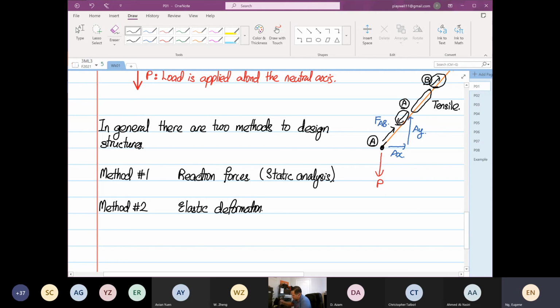Okay, so for this case, right, in most of the cases, we have to combine both methods. Okay, you have to combine both methods to carry out structure analysis.